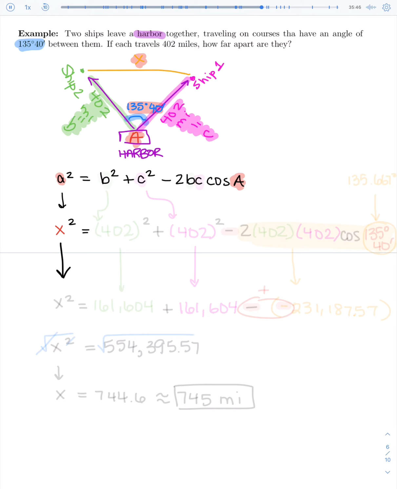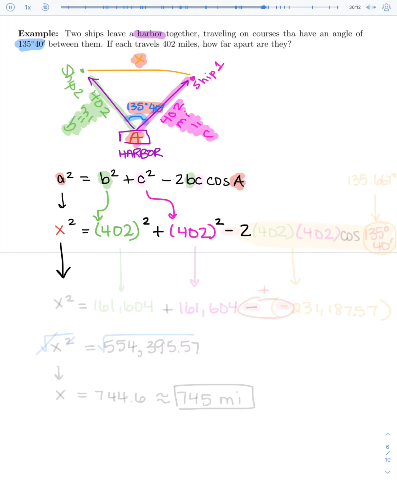Now let's go ahead and plug in B, which is 402, which is again squared, plus we can plug in C, which is also 402, which should also be squared, minus our 2, and again we've plugged in our B for the B squared.